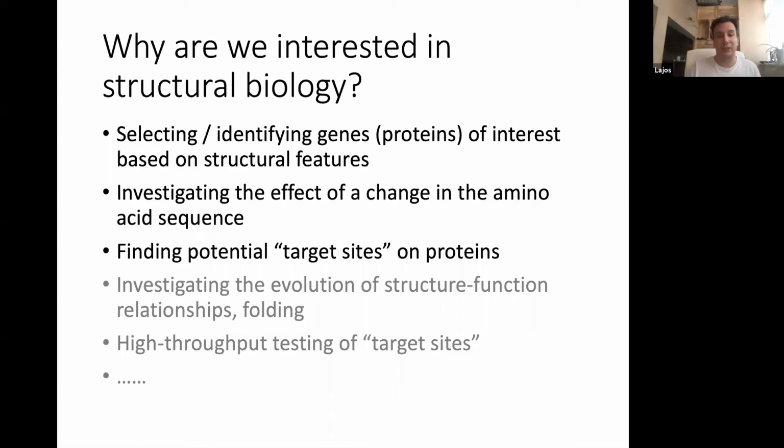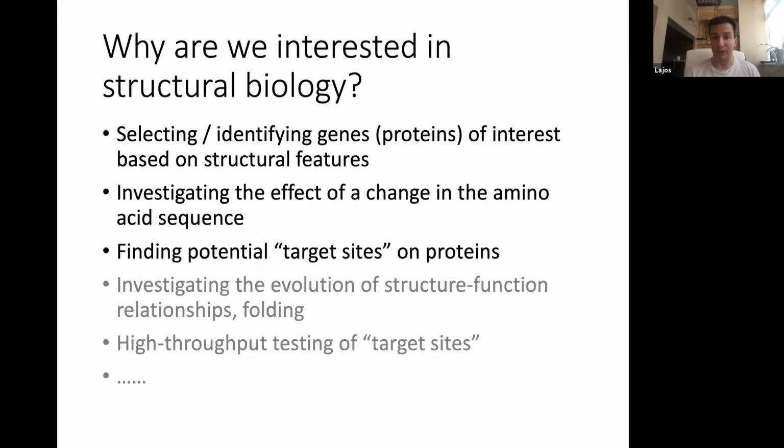The first thing is that you are selecting or identifying genes or proteins that you are interested in, or if you really want to find proteins or genes on the surface, for example because you are developing a vaccine, or a protein that is responsible for a specific metabolic pathway, then you may have to use structural biology to identify the protein and to find out those protein regions that are particularly interesting for you.